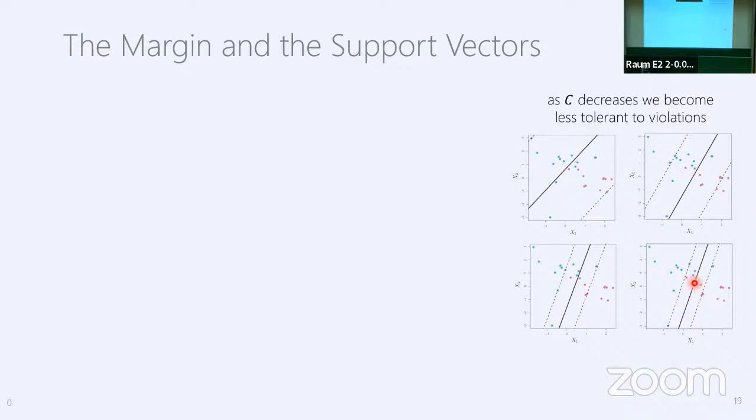Okay, so given that C has this behavior, how would you choose it in a practical problem? Yes, exactly. Good. Now we all know cross-validation is the answer to everything in machine learning. So yes, we choose C via cross-validation.